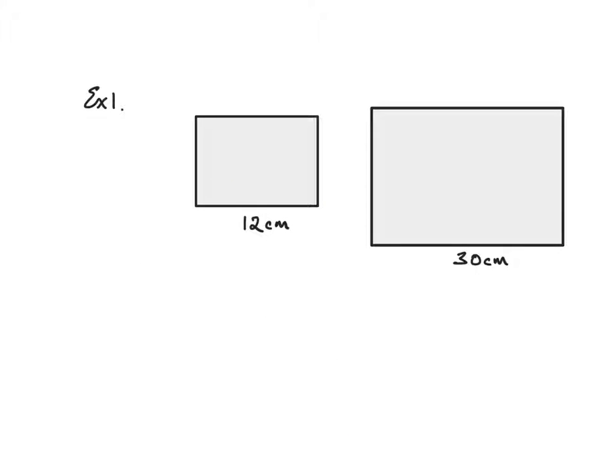Example 1. We're told that the shapes are similar. That's very important. If the shapes are not similar, then we cannot proceed. Now, what else? We're told that the area of this shape is 750 centimetres squared, and we want to work out the area of this shape here.